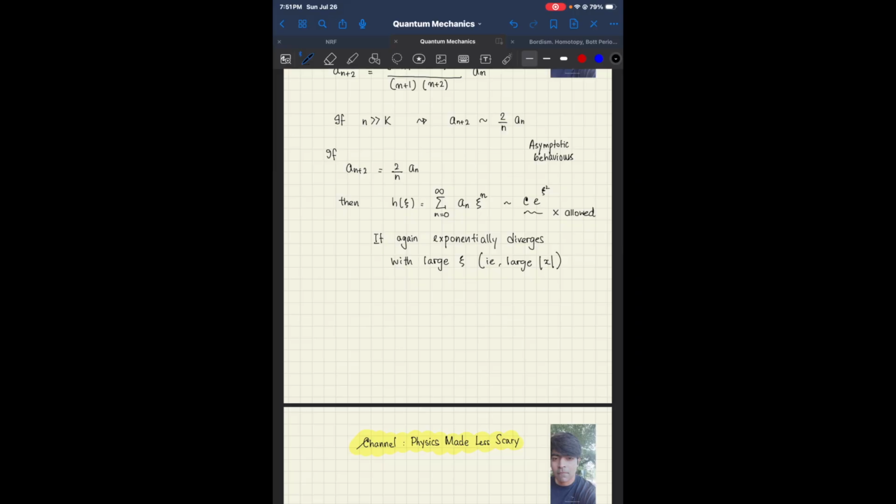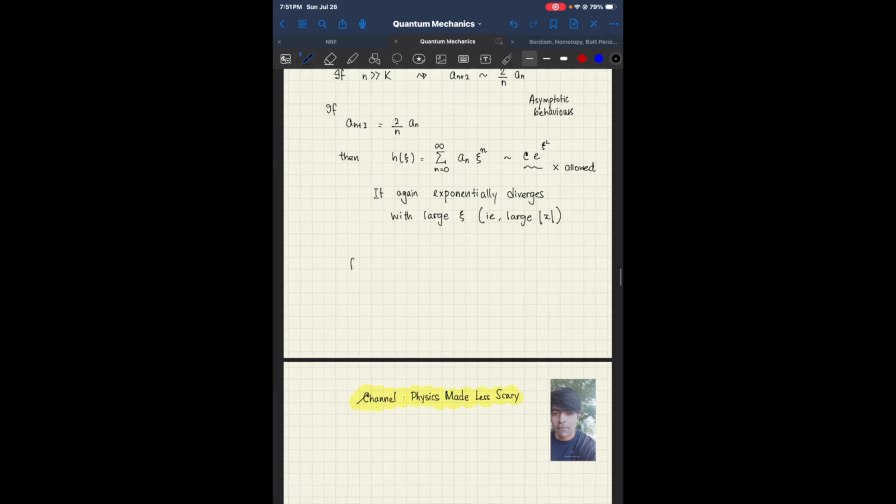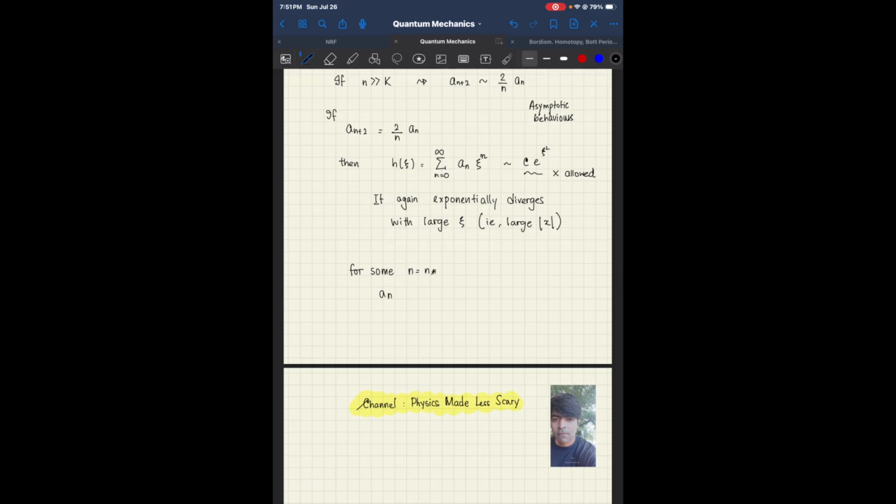Well, how do you stop this? You demand that for some n equal to n star, a particular value, say 5, 10, 100, 200, doesn't matter, but some fixed value, a n star is equal to 0. This is what you demand.